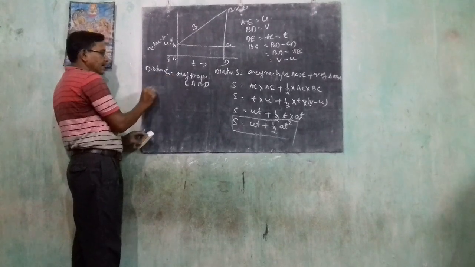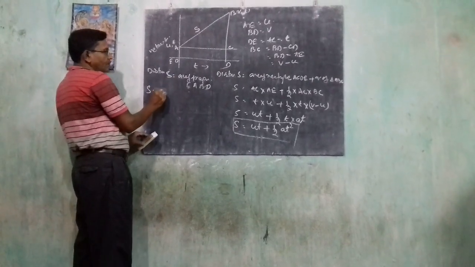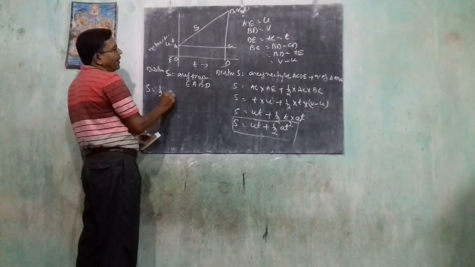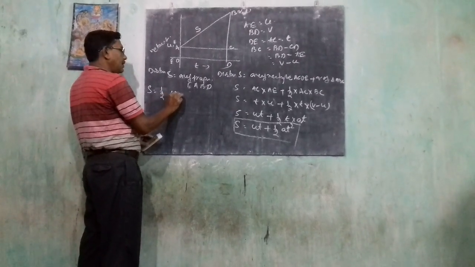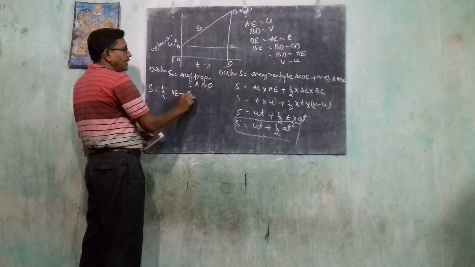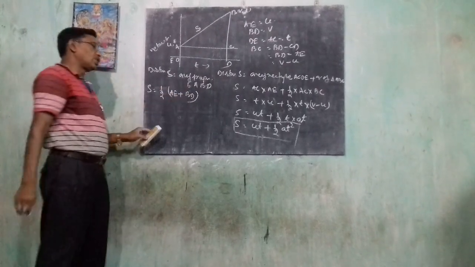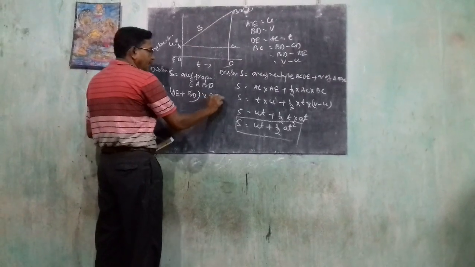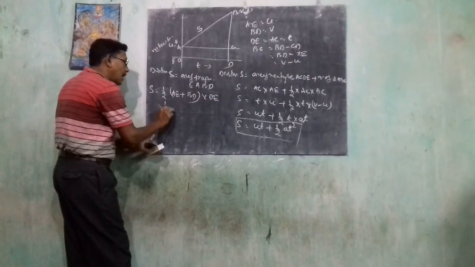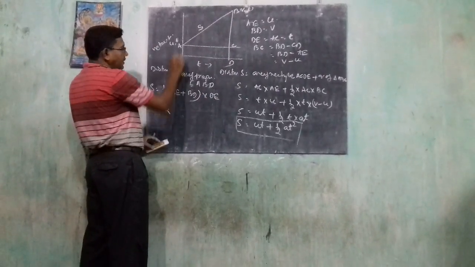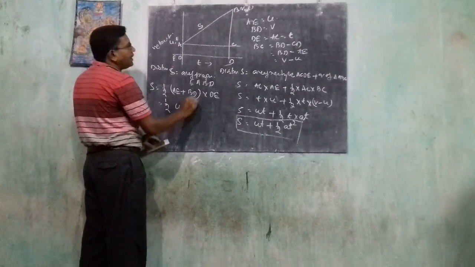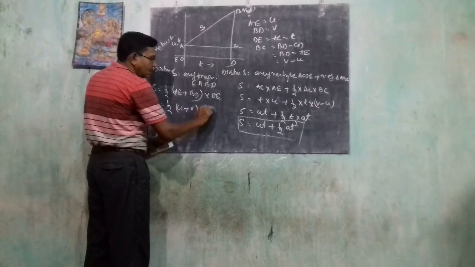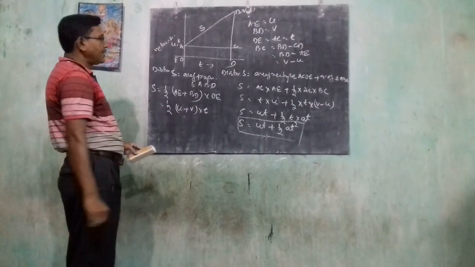So distance S equals the area of trapezium, which is half the sum of parallel sides, AE plus BD, into height. Height is DE. So half into (AE plus BD) into time t, where AE is u, BD is v, and the time is t.